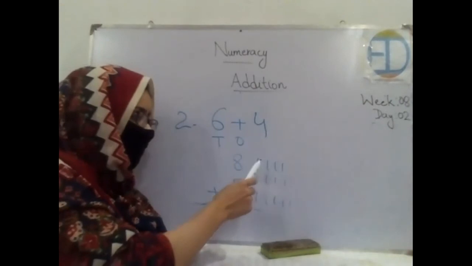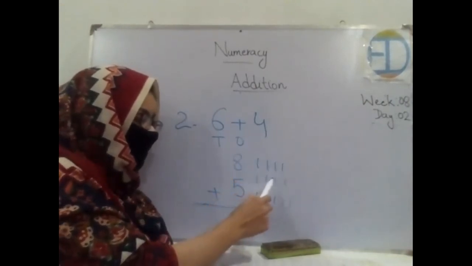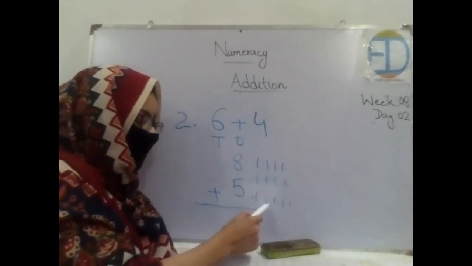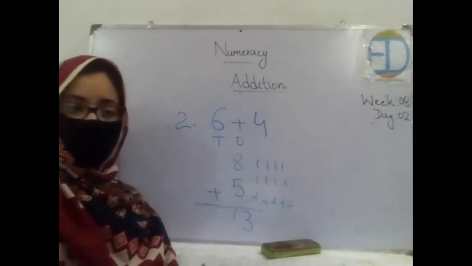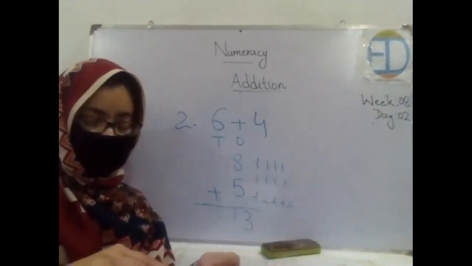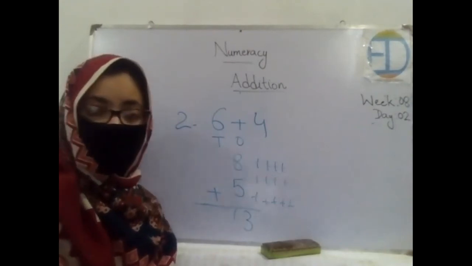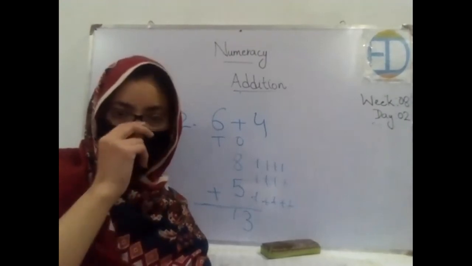Let's start counting. 3, 4, 5, 6, 7, 8, 9, 10, 11, 12, 13. Got it? Now I want all of you to do the next two by yourself and tell me what your answers are, okay? So all of you are done?